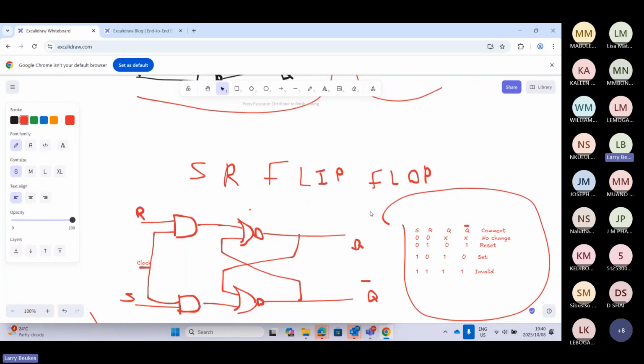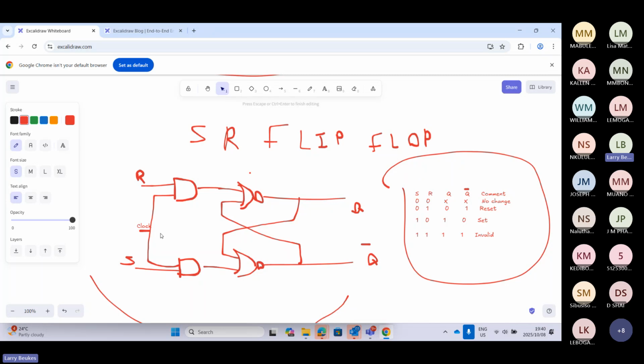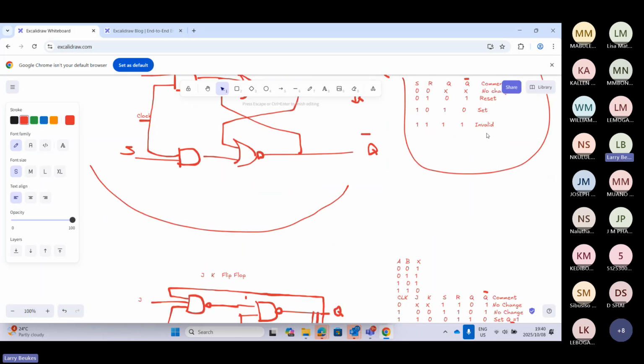Then we saw the SNR flip-flop is just useless. It's the same as that one. It still has an invalid condition. It's just that it uses a clock. So the difference between the latch and this is the clock signal, right? Then we saw that we still reach this invalid condition. Then we introduced the JK flip-flop to get rid of the invalid condition, right?